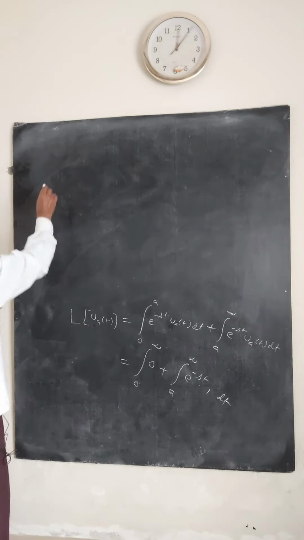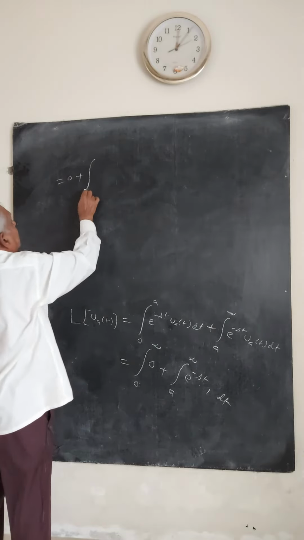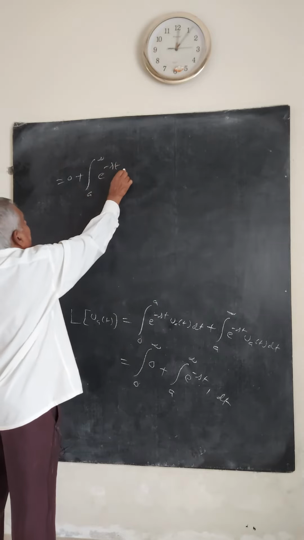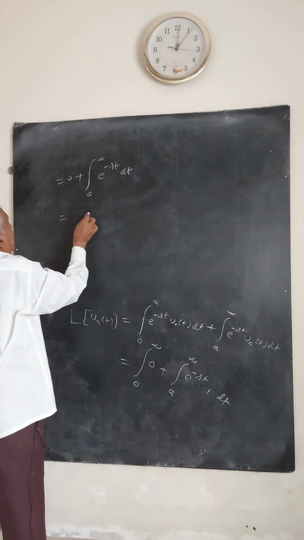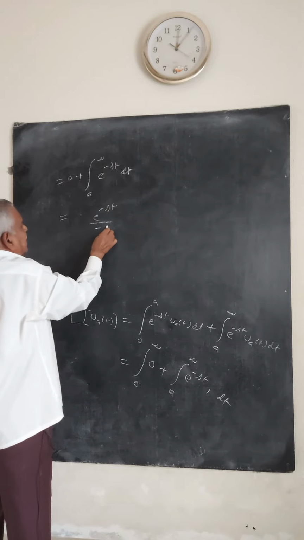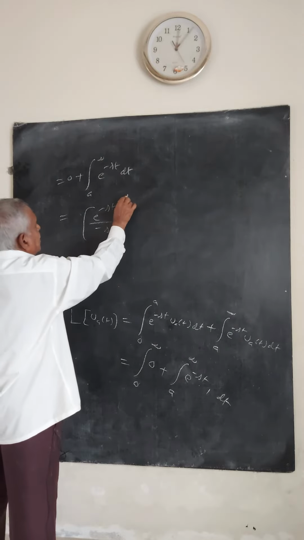Integrating, the integral from a to infinity of e^(-st) dt is e^(-st) by minus s, evaluated from a to infinity.